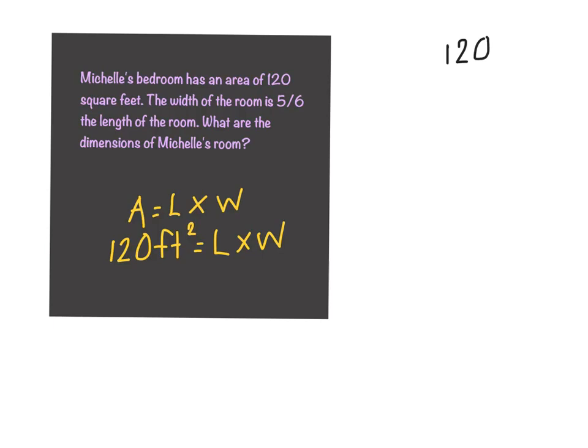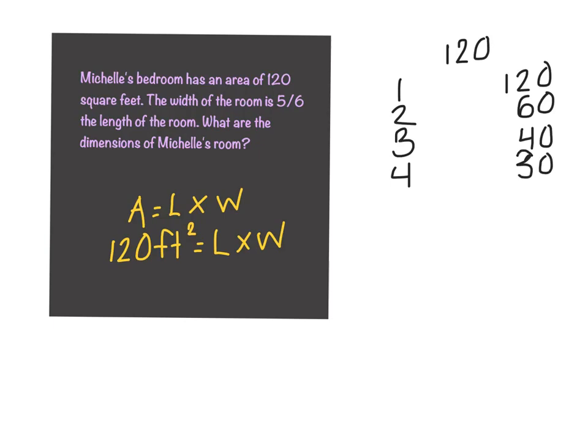So as you're doing this, think: 1 times 120, 2 times 60. 3 is going to go in because 1 plus 2 is 3, and that's a number you say when you count by threes. 3 and 40, 4 and 30.